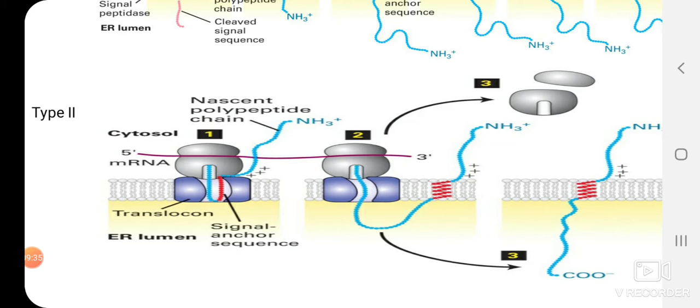The alteration is that the N-terminal portion, which earlier hung into the lumen of endoplasmic reticulum, will start slowly moving outside. That is, this particular polypeptide chain now starts moving in a reverse way through the translocan and comes out of the translocan. Further synthesis of the polypeptide chain by the ribosome leads to the synthesis of a sequence which has a similarity with the stop transfer anchor sequence.